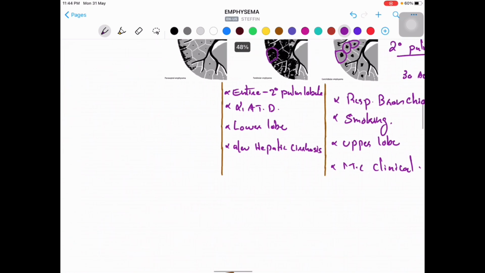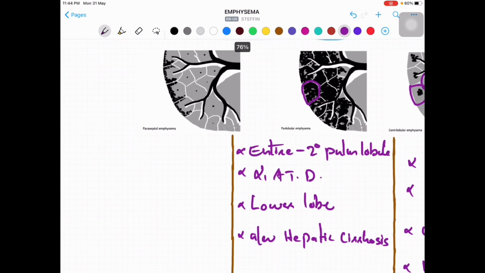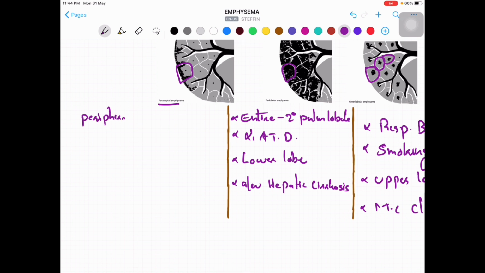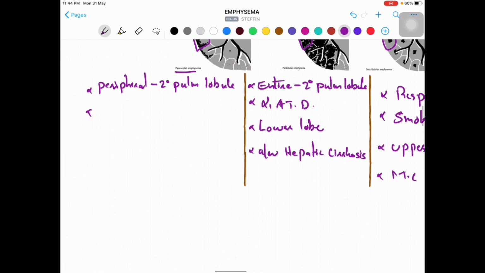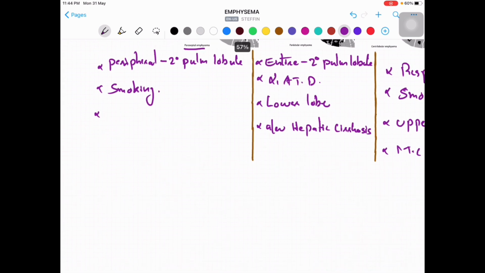So let's move on to the next type, paraseptal emphysema. As the name tells, paraseptal, it is distal, or peripheral, to the secondary pulmonary lobule. The most common cause is smoking, and it is adjacent to the pleural surface.